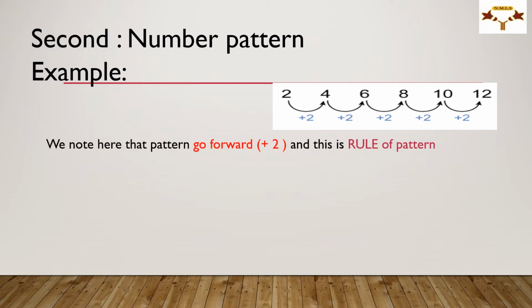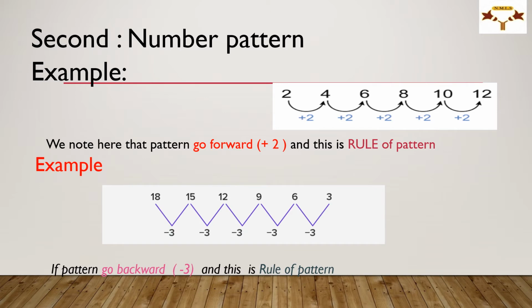Here we add 2 because we're going forward. When you're going forward, your sign will be plus. What about if you're going backward, like this one here, 18 becomes 15.